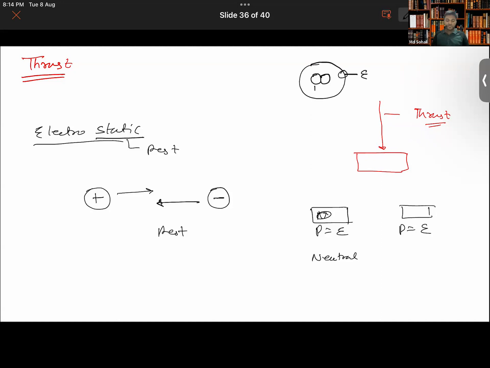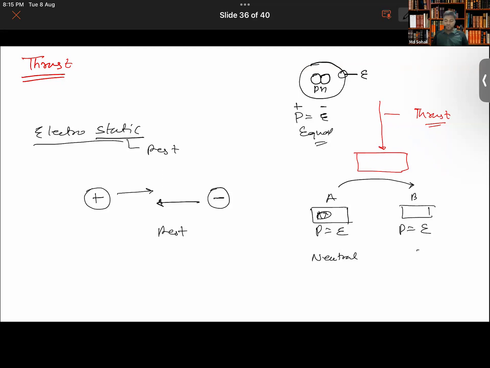So in an atom, naturally, the number of proton and electron is equal. Hence it is said to be neutral, meaning the same number of positive and negative charges. But what happens if the bodies are rubbed across each other, and from body A some of the electrons travel to body B? So this body will gain some extra amount of electrons.